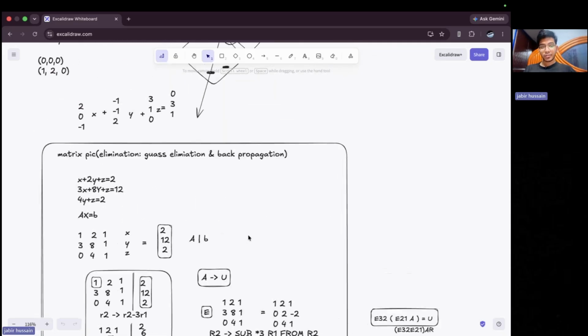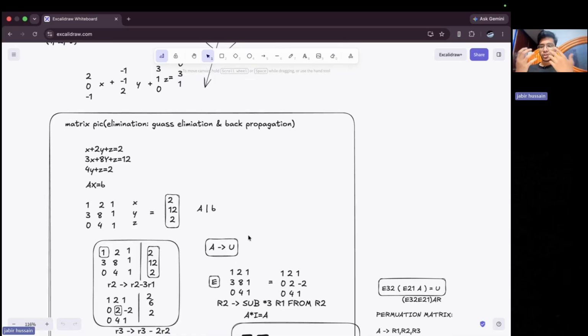In the last session, we talked about how we visualize matrices and how we actually represent them in three forms. We saw three different pictures: row picture, column picture, and matrix picture.